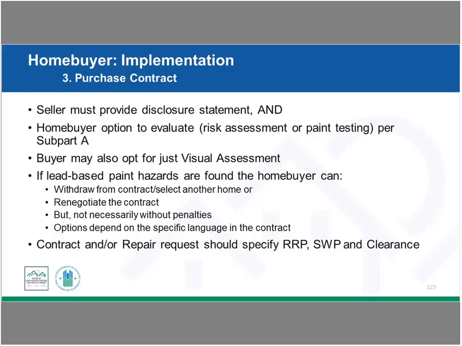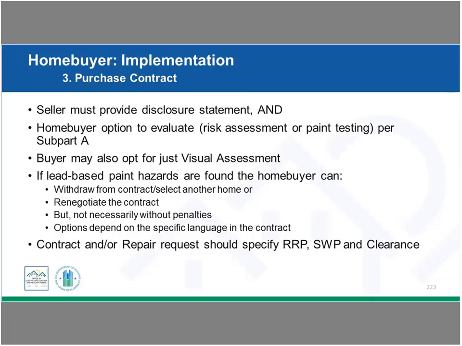So your purchase contract will need to have some language, such as an inspection clause, that gives you the ability to negotiate with the seller or back out of the contract. That's important language to make sure is included. Subpart K is requiring you to have a visual assessment, and we're looking at all deteriorated paint surfaces.